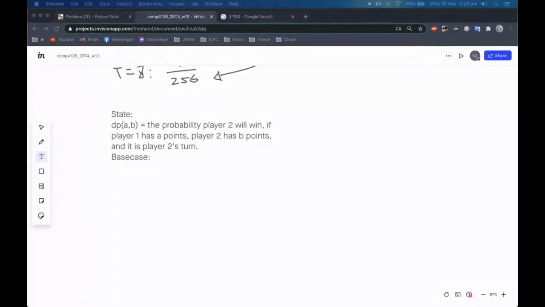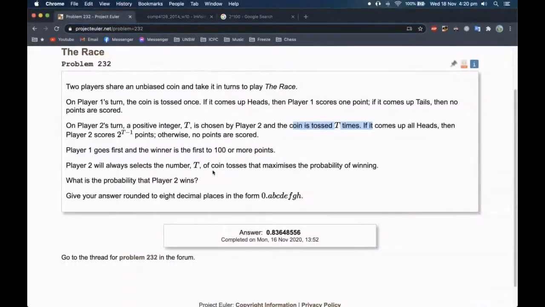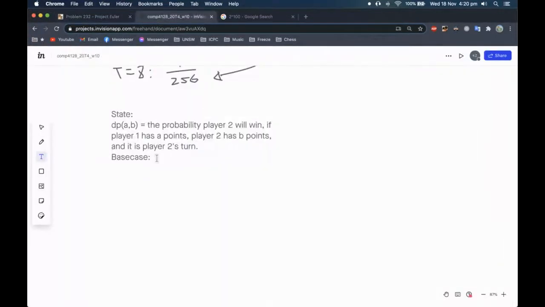No ideas? Well, the base case for game theory problems is always going to be the end state. So it's going to be the state when the game ends. In other words, either player 1 wins or player 2 wins. So we should calculate this.